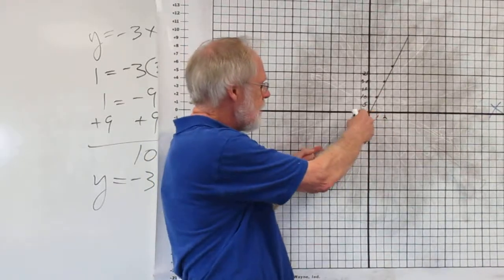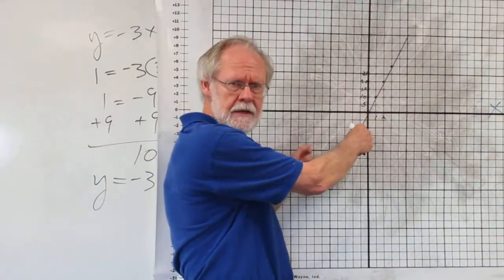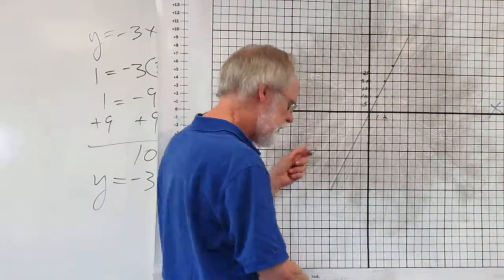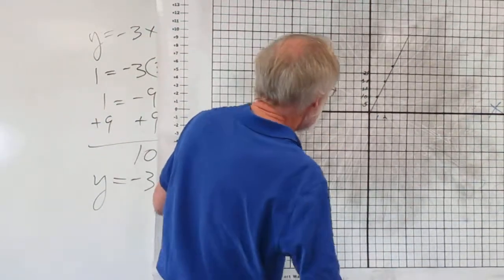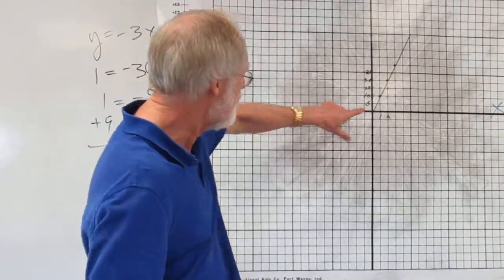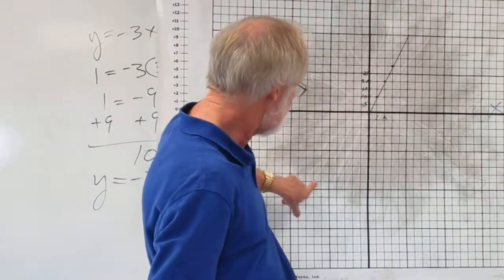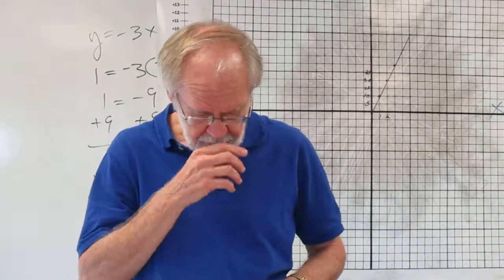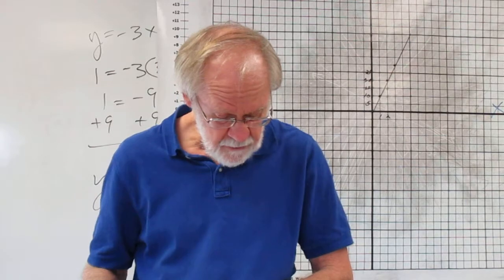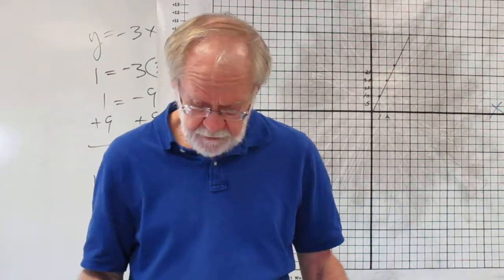That if I work -1 hour, I make -$10? No, that makes no sense. So we have to take this away and stop it there because it doesn't have any use down here. It's meaningless.